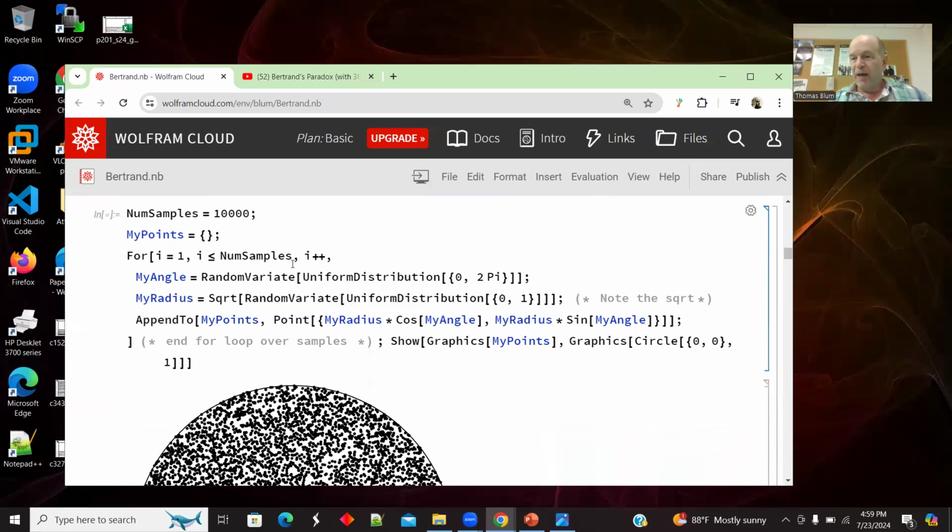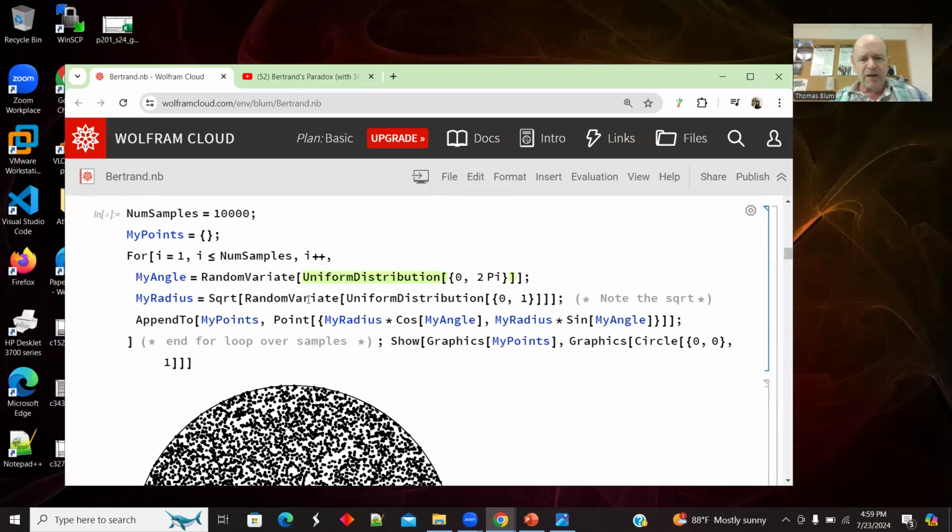So first, I just want to pick random points around a circle. So I'm not doing any chords. I chose, I think, 10,000 just to have a lot of points. I'm just doing points. I am looping through, picking a random angle, as above.